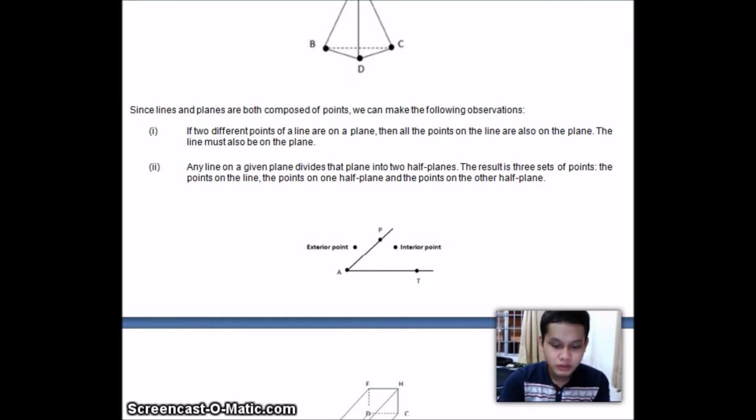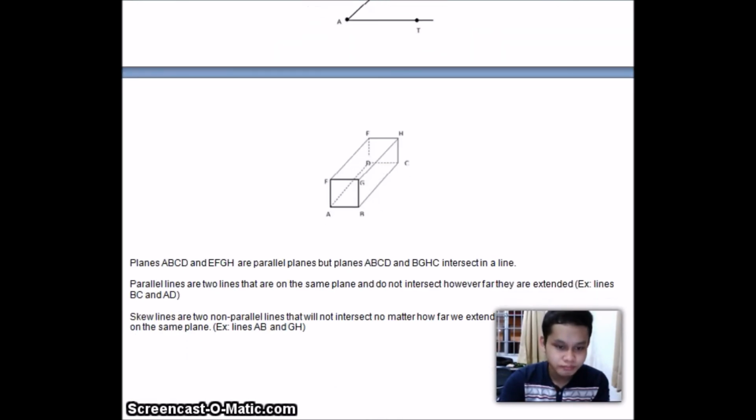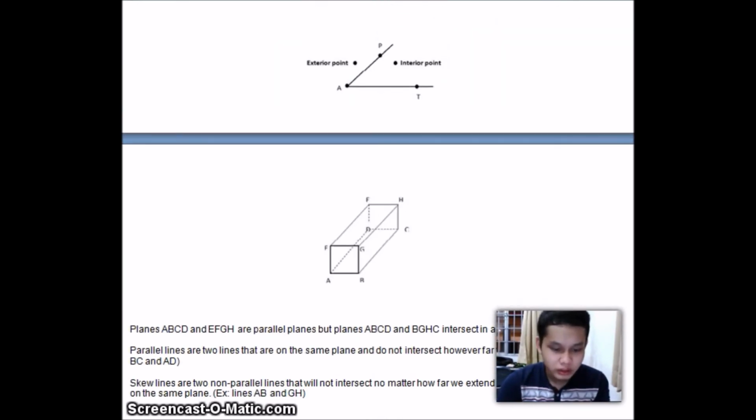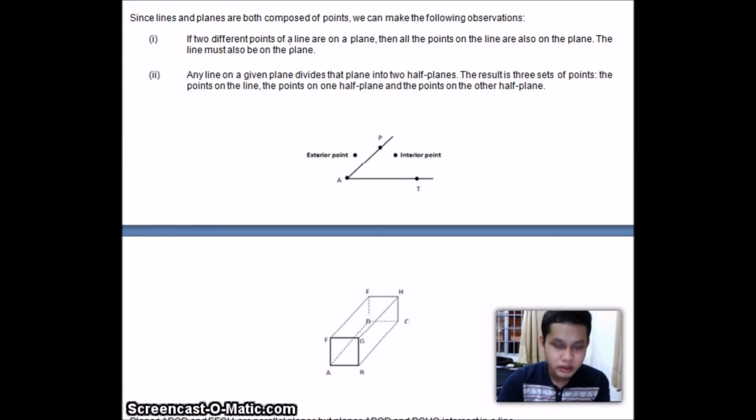The other observation is that any line on a given plane divides the plane into two half planes. The result is 3 sets of points: the points on the line, the points on one half plane, and the points on the other half plane.